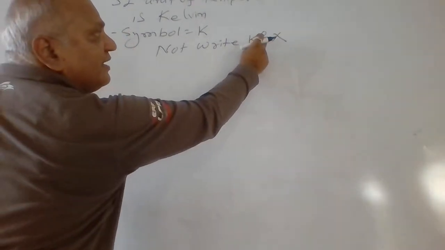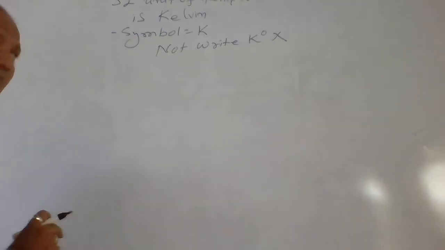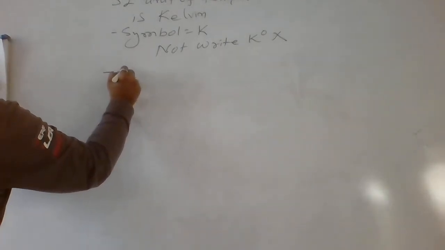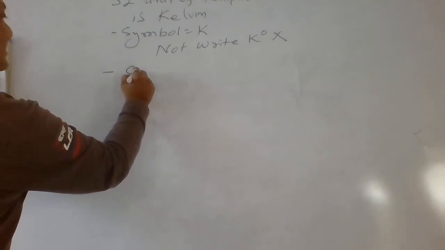If you write degree, it will be wrong. Mind well. So the SI unit of temperature is Kelvin, and another unit that we use particularly in our daily life is Celsius.